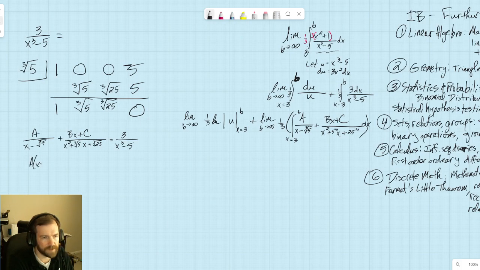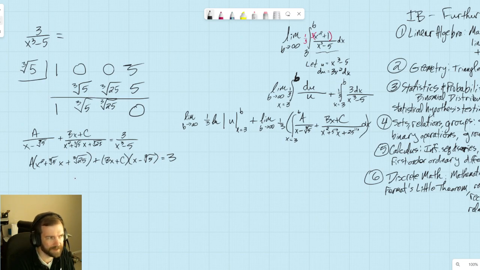Alright, a times that quadratic. Okay, so as we go across, there are going to be x squareds, so ax squared here and bx squared here.